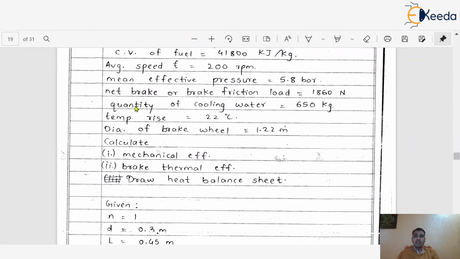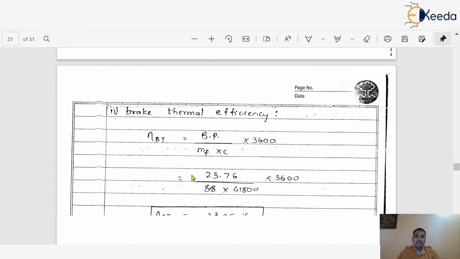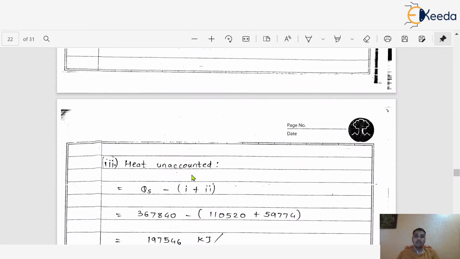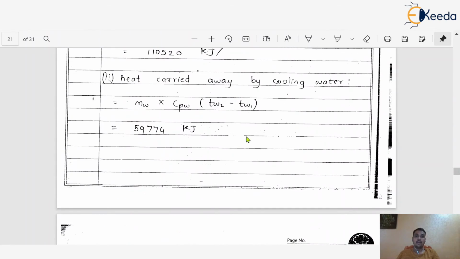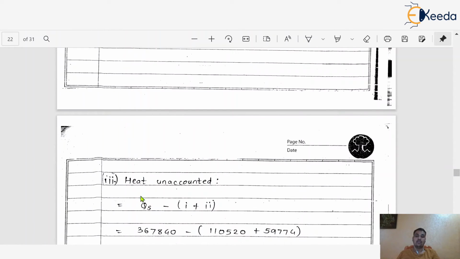Yes, for the quantity of cooling water it is given as 650 kg, but there is no heat for the exhaust gases mentioned in the problem. So we have neglected that particular thing. That's why we have considered only the heat carried away by the cooling water. According to the given data, we have neglected that.